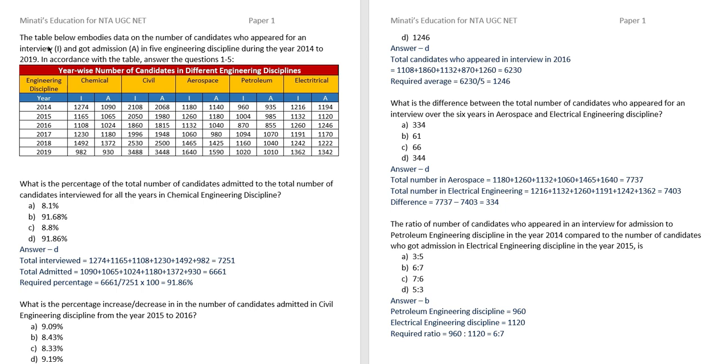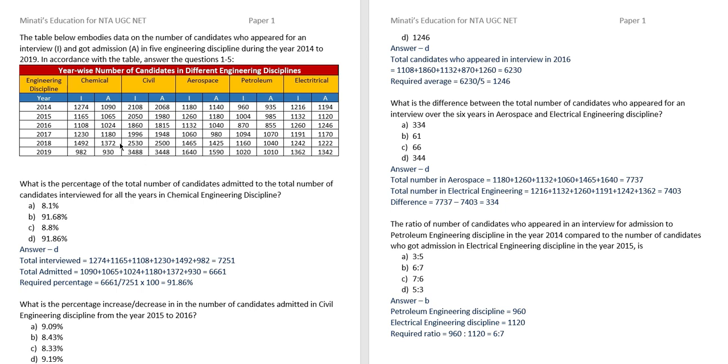The table below shows the data of the candidates who appeared for an interview, I for interview and A for admission, for 5 engineering disciplines during the years 2014 to 2019. Here chemical engineering, civil engineering, aerospace, petroleum and electrical are there.